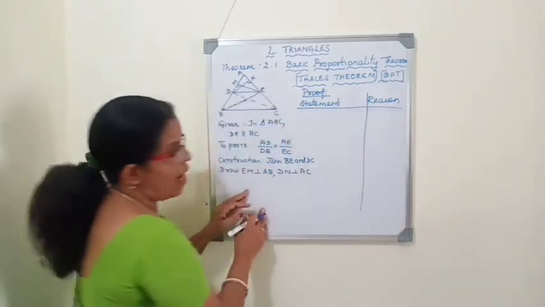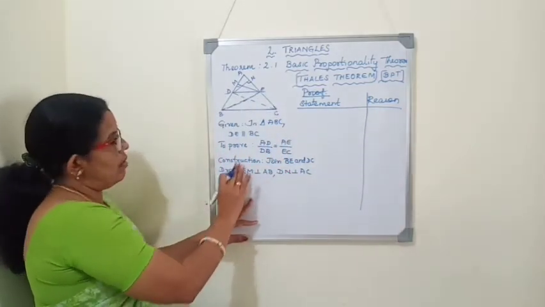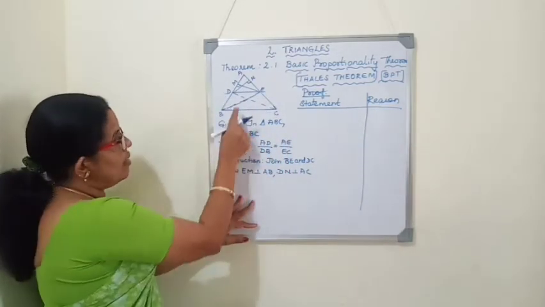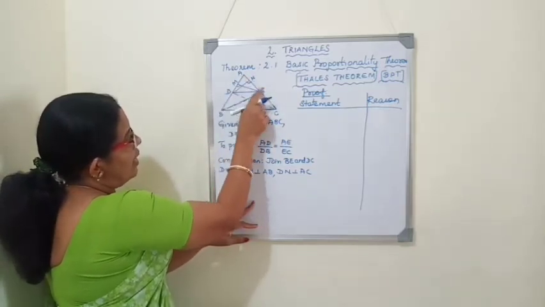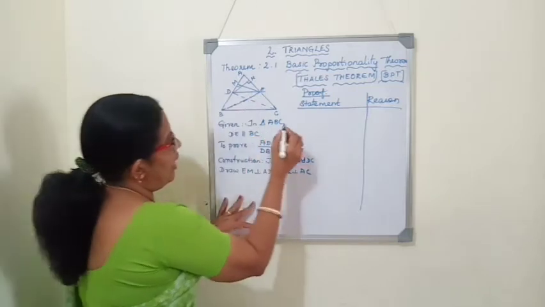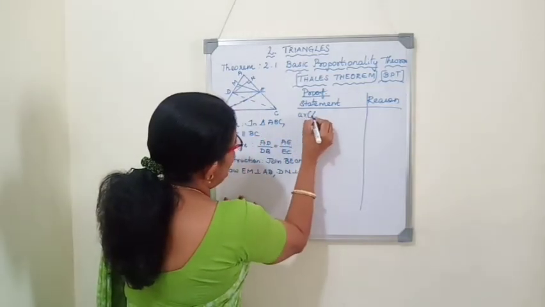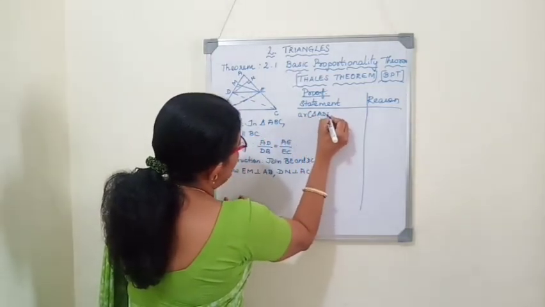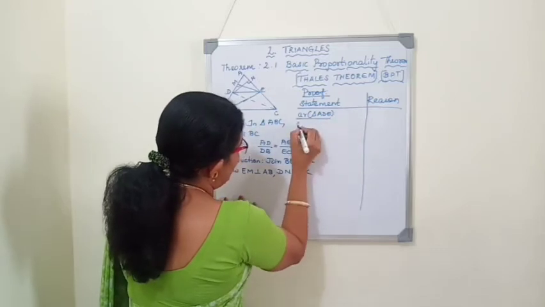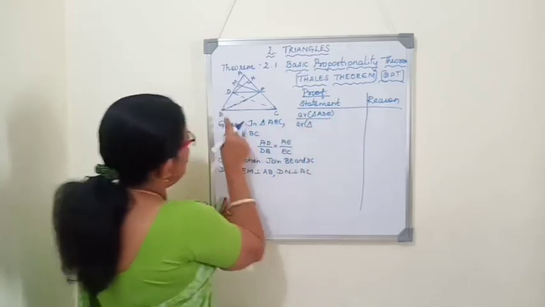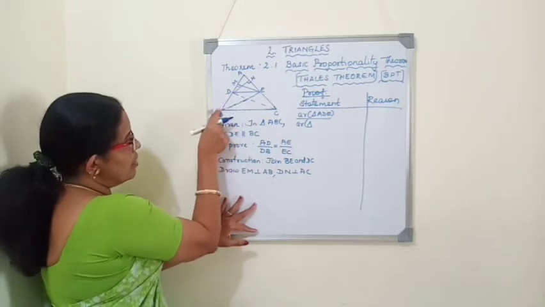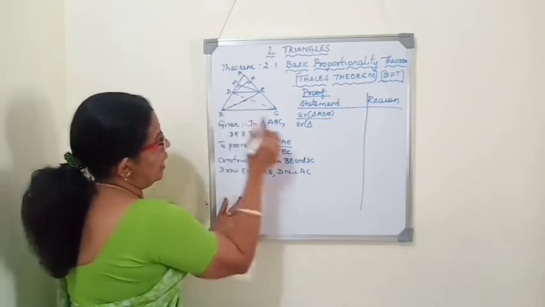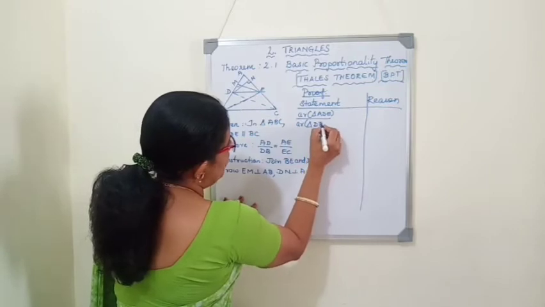So how we will start it is, only three equations will complete the theorem. We have to start with the area of triangle ADE, this top triangle, by the area of triangle DBE.